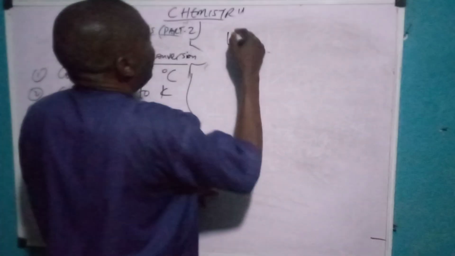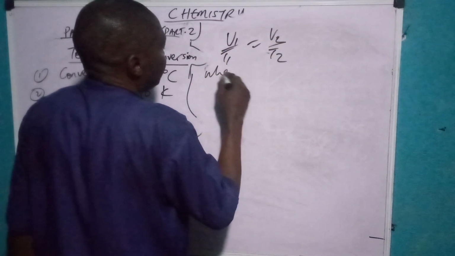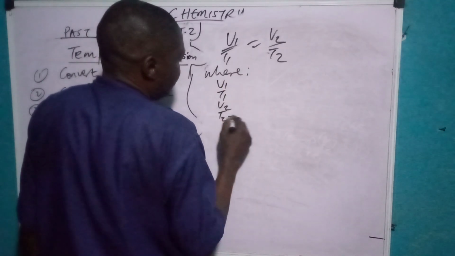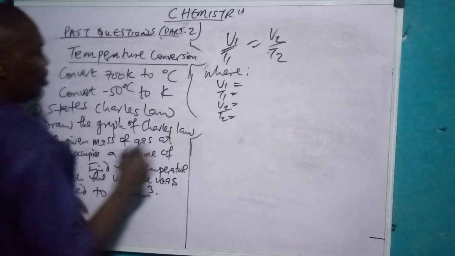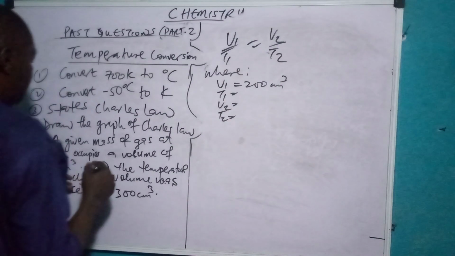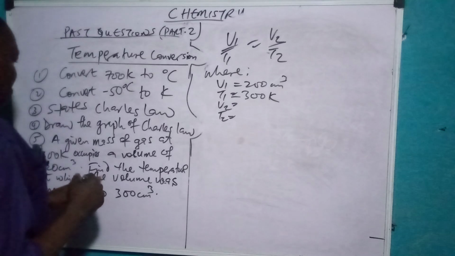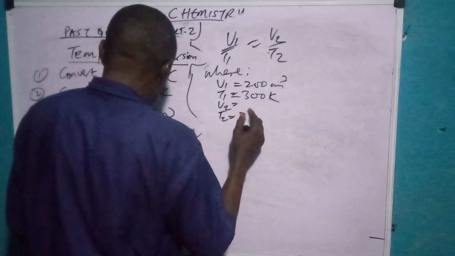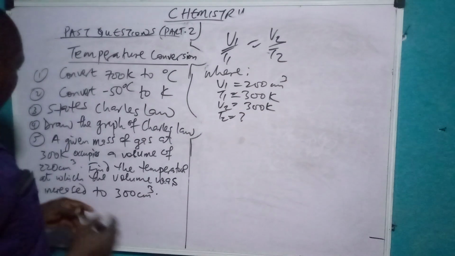You just use V1 over T1 equals V2 over T2, where V1, T1, V2, T2. I hope we are okay.